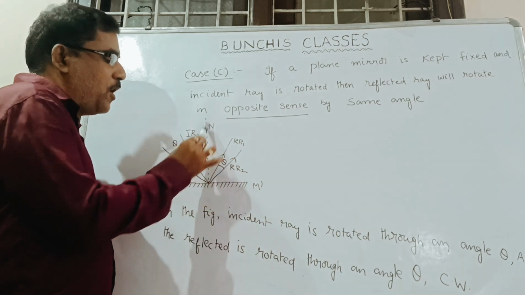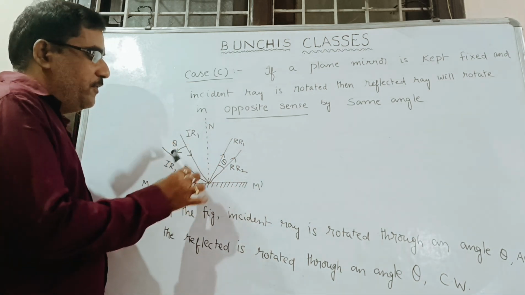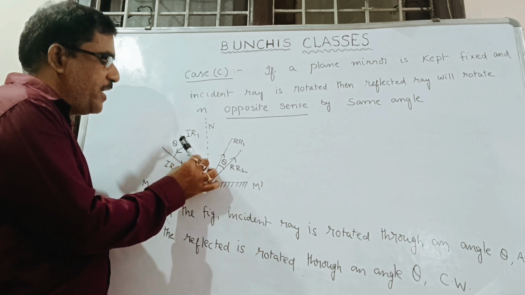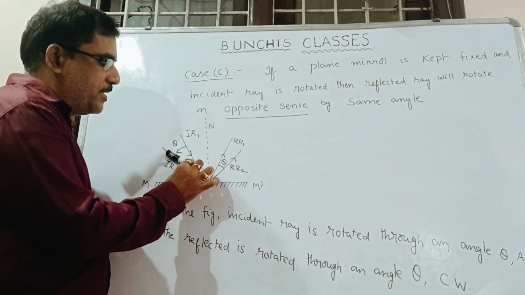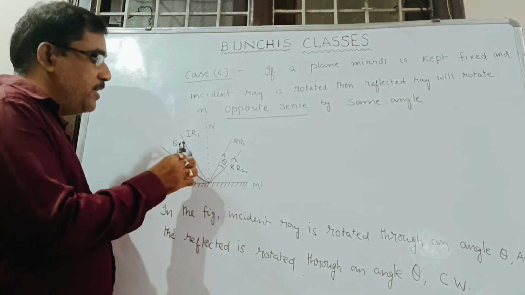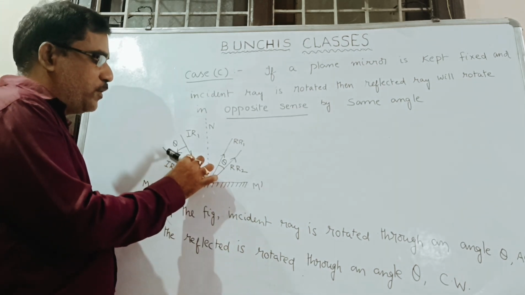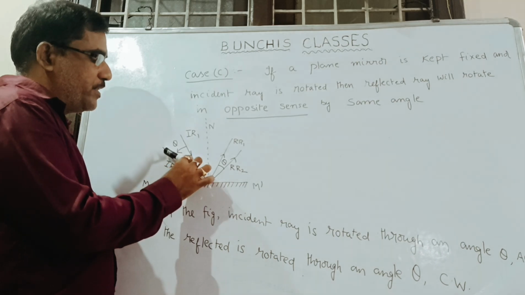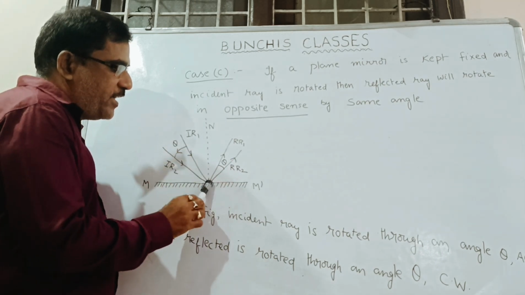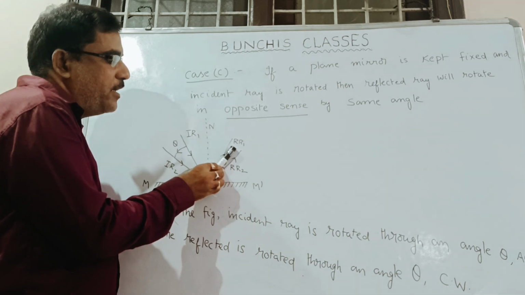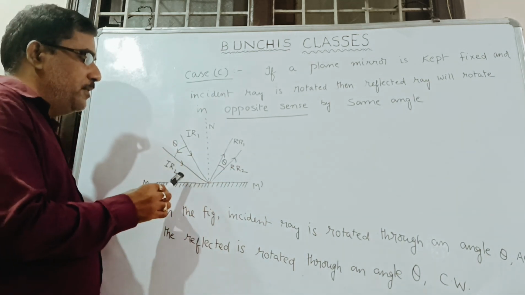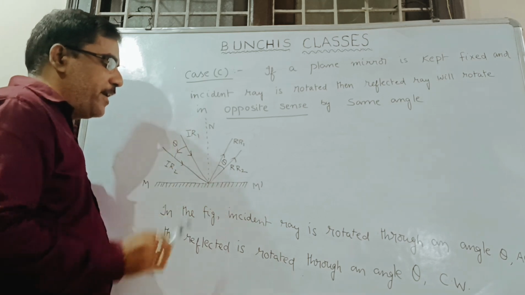And this is the normal. Now what I did is, the incident ray is rotated like this through an angle theta, in the anti-clockwise direction. What happened to the reflected ray? Now the reflected ray is rotated in the clockwise direction, making the same angle.